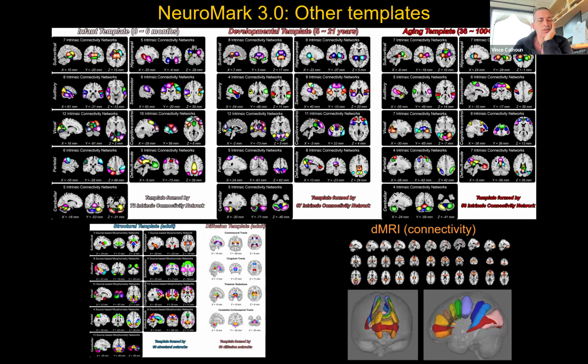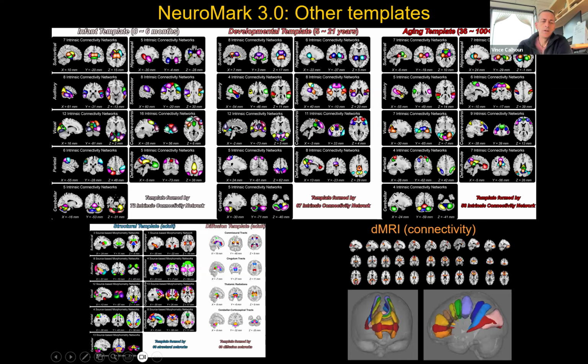So we did look at this. We've generated templates, for example, for infants, for developmental ages, for aging. And you can see they're actually highly similar to one another, with only a small set of components that diverge from one another. And you can apply the same approach to other modalities.